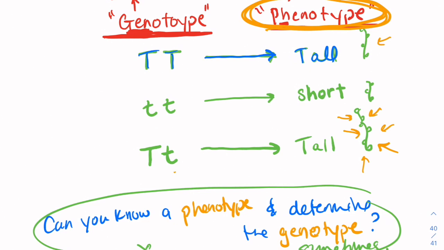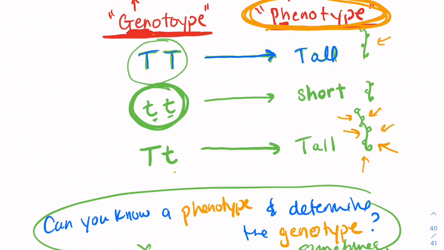But hang with me here for just a second. What I'm saying is that 2 of these 3 genotypes have something in common. This one here has 2 of the same alleles, 2 dominant alleles. And this one here also has 2 of the same allele, only it has 2 recessive alleles.